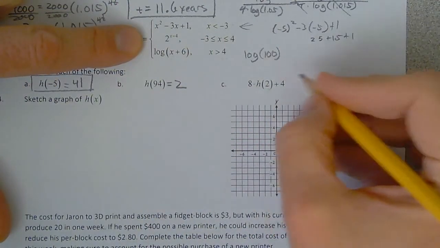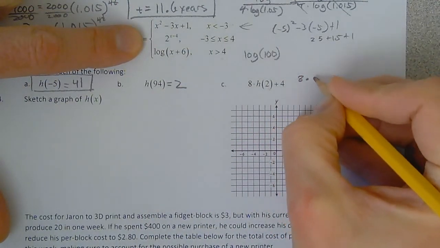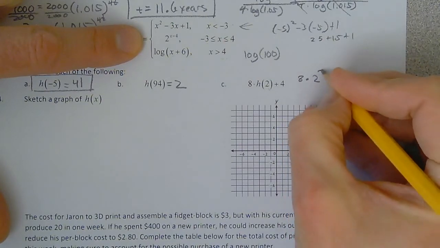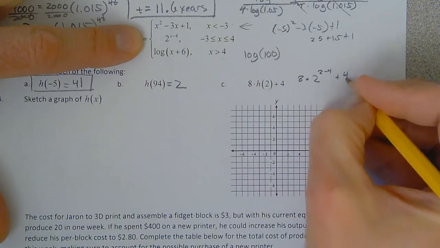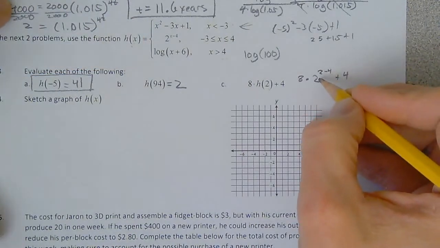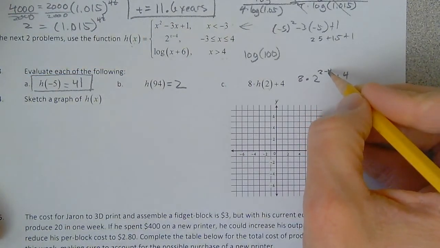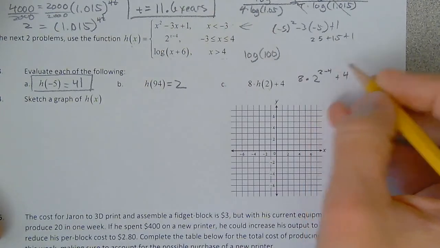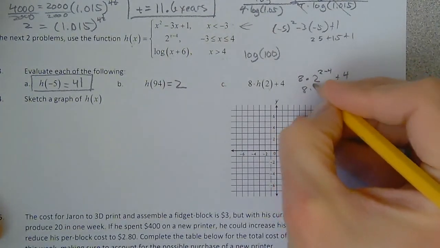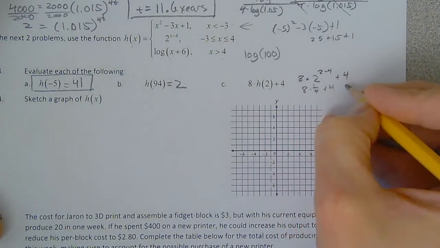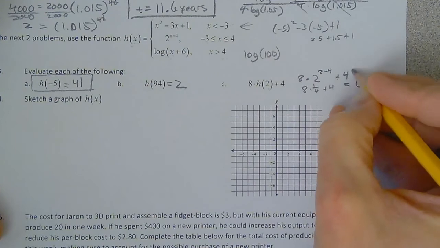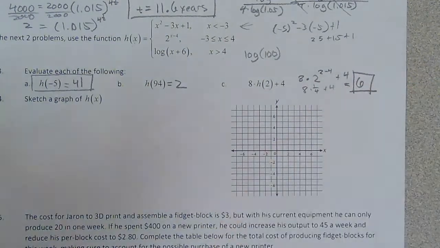So this is going to be 8 times 2 to the 2 minus 4 power, and then we're going to add 4. 2 minus 4 is -2. 2 to the -2 is 1/4. So this is 8 times 1/4 plus 4, 8 times the fourth is 2, 2 plus 4 is 6 for that one. So 8 times h of 2 plus 4 is equal to 6.